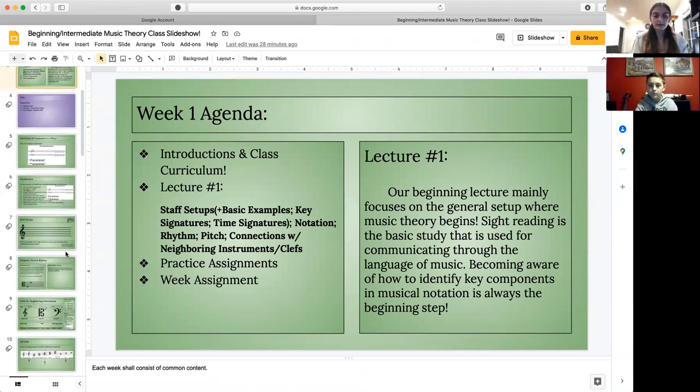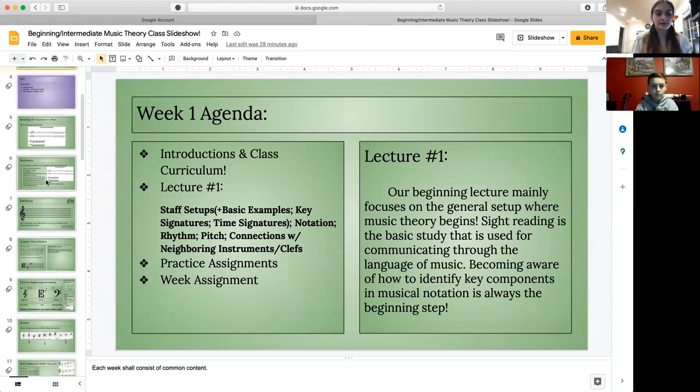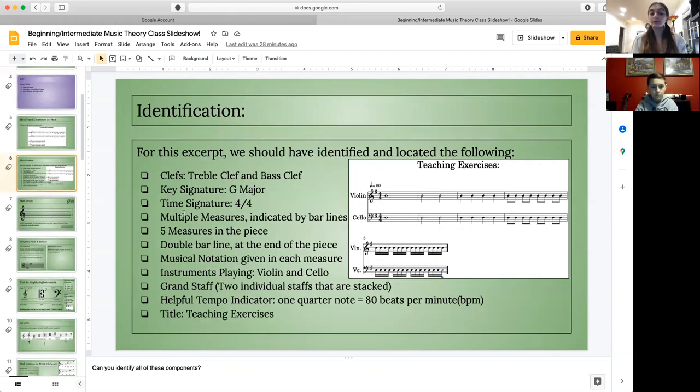Our goal, and I don't recall mentioning this, for today or week 1 would be to continue into ear identification, and that's basically the goal of most of what we're going to go through in the entire course.